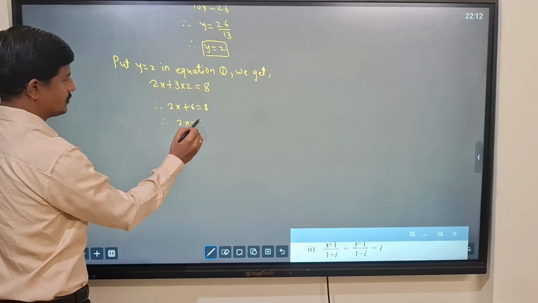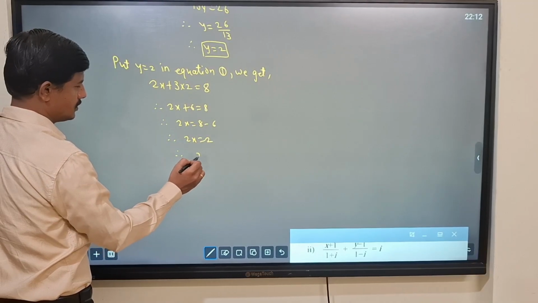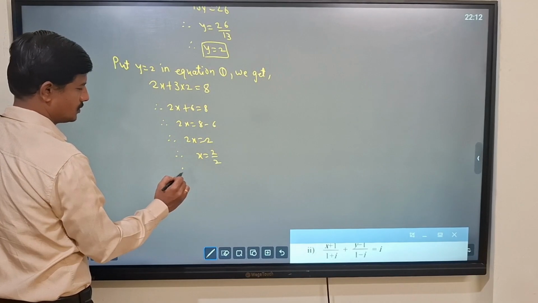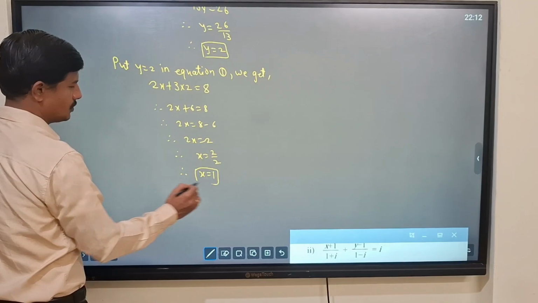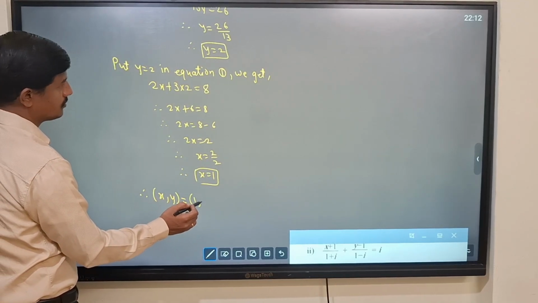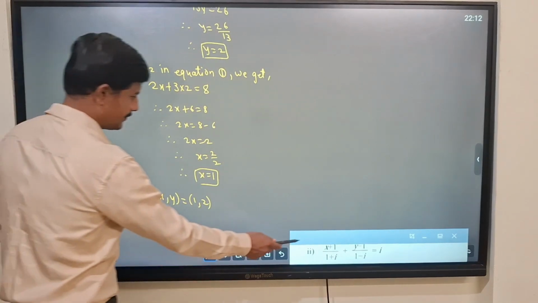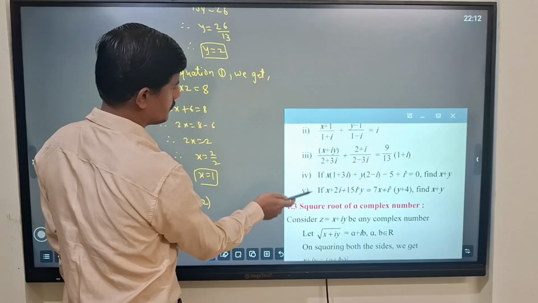Therefore 2x equal to 8 minus 6. Therefore 2x equal to 2. x equal to 2 by 2. Therefore x equal to 1. Therefore (x, y) is (1, 2). Okay. This is the solution of the third one.